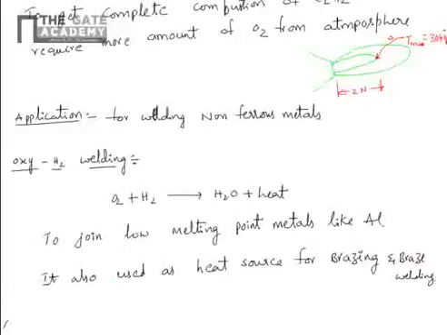Next one is air acetylene welding. We have seen oxyacetylene welding, where we send 1 unit of oxygen from the cylinder and the remaining 1.5 units come from the atmosphere.